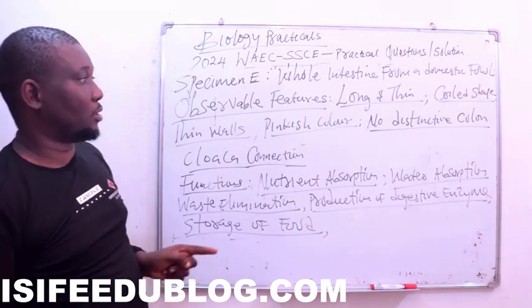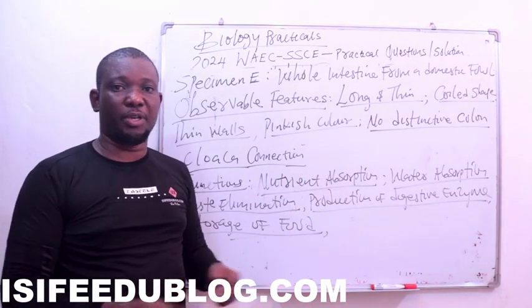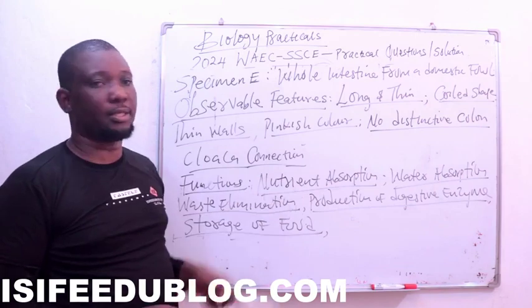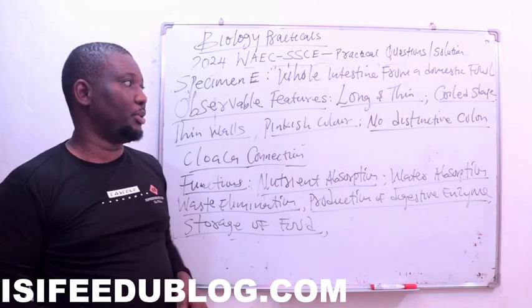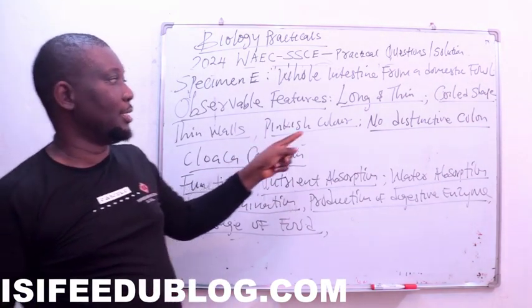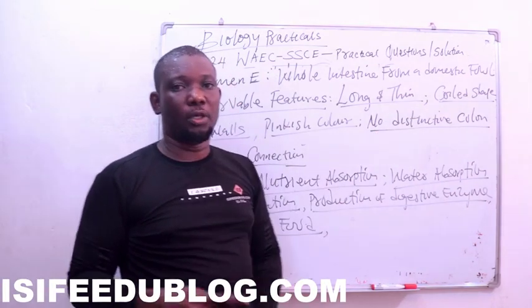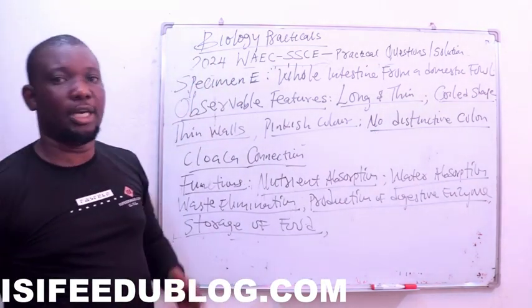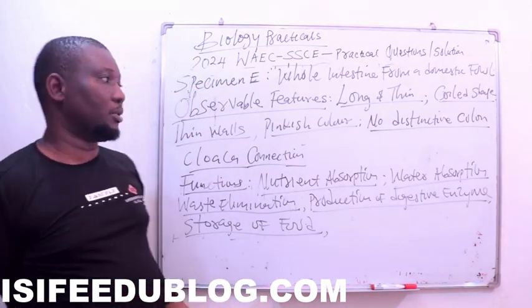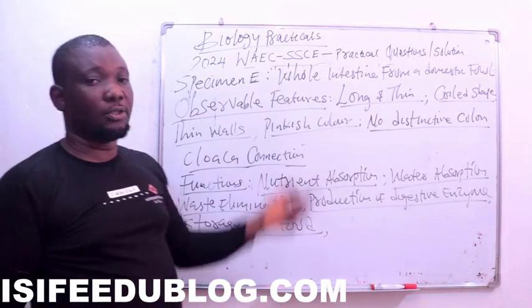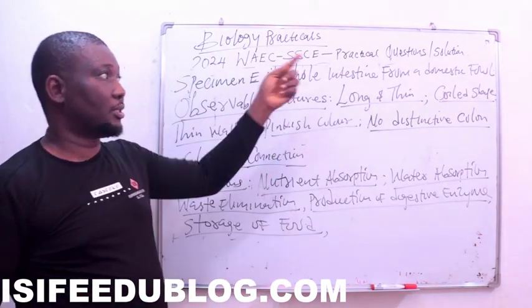The reason why the color is pinkish is because of the blood vessels you see passing through the intestine, and that gives it that pinkish color. There is no distinctive color, just as in the small intestine; there's no distinctive color.